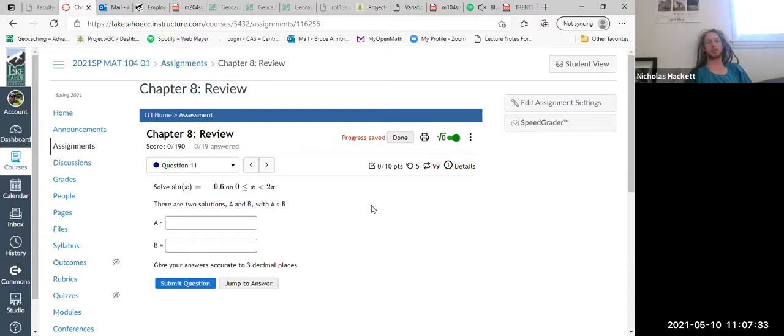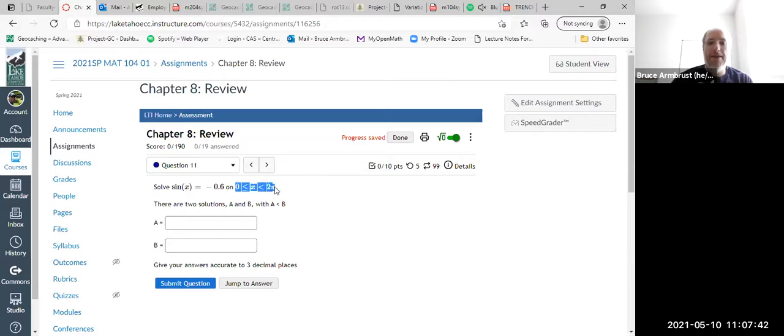I guess because you're trying to find the theta of sine. So it's this right here, the fact that it says I want to be between 0 and 2 pi. Since there aren't any little degree symbols on there, that tells me that these are radian amounts. So I'm looking for radian values.